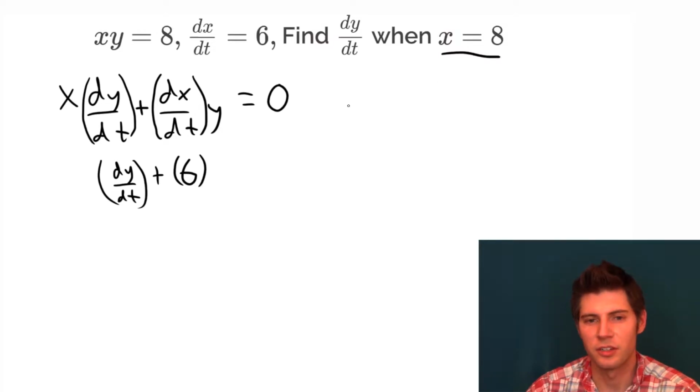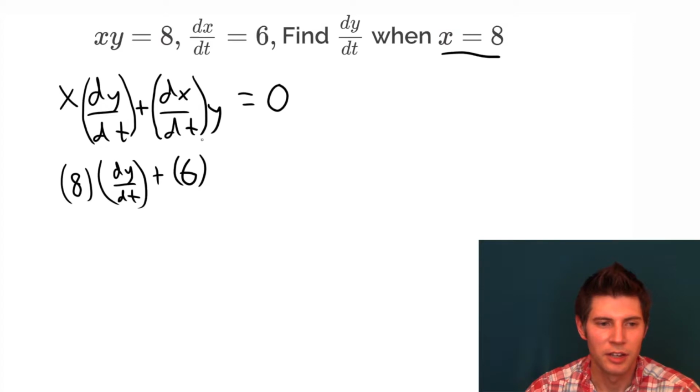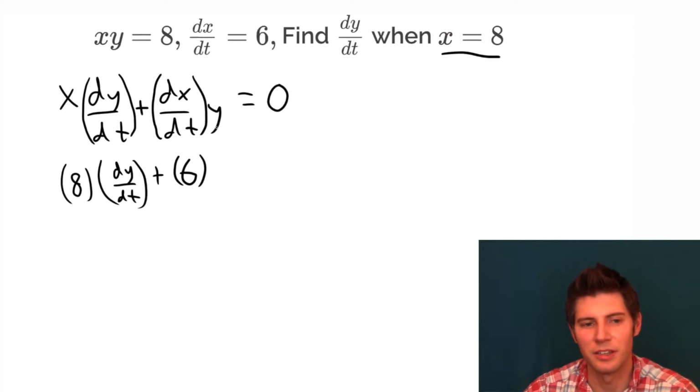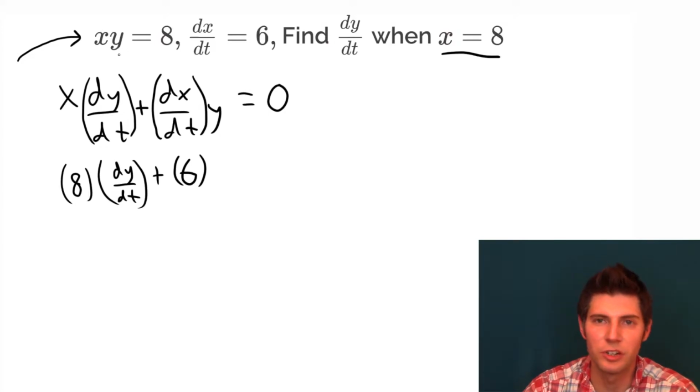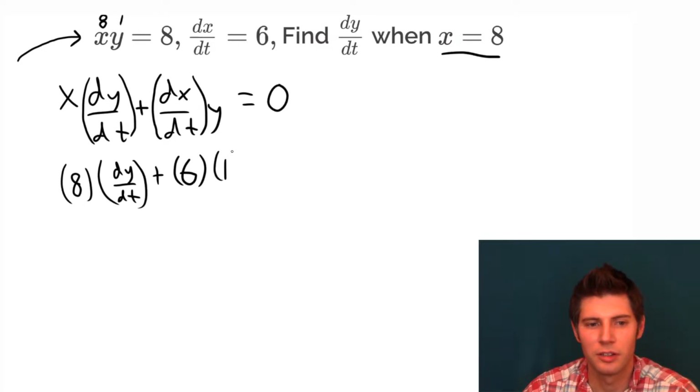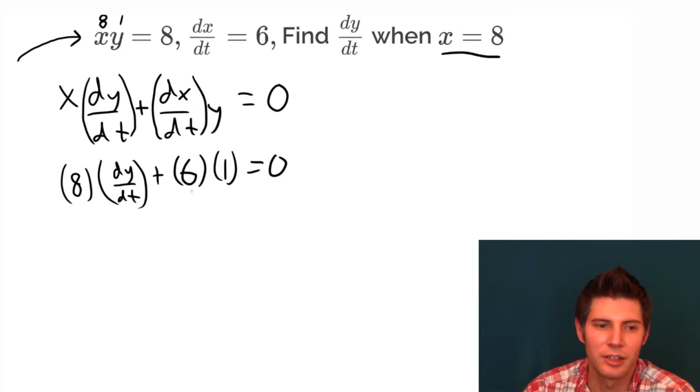Then x, they tell us, is going to be 8. And now the second trick with this problem is, how do we find y? Well, we're going to plug in x equals 8 into the original to get y. So when we make this an 8, that means that y would have to be a 1. And now we're solving for dy dt.